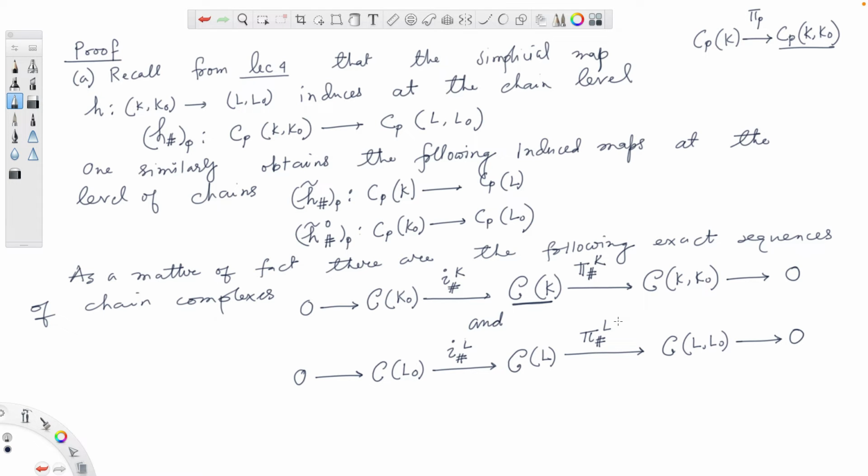These are two exact sequences of chain complexes.